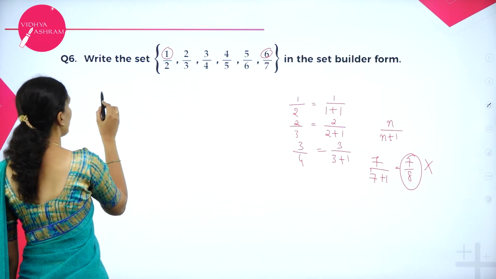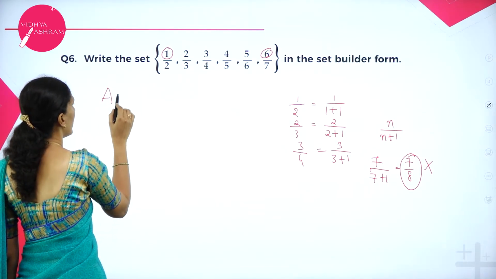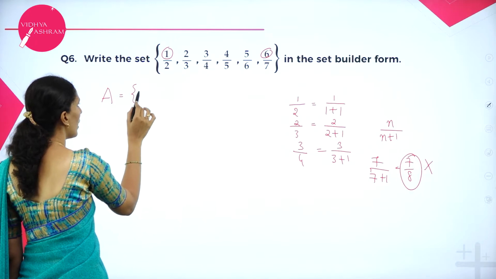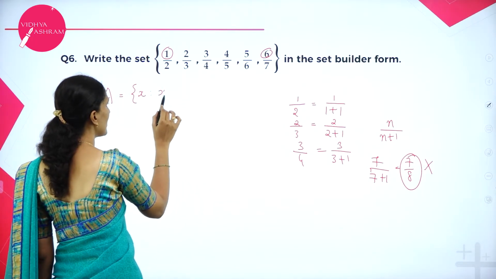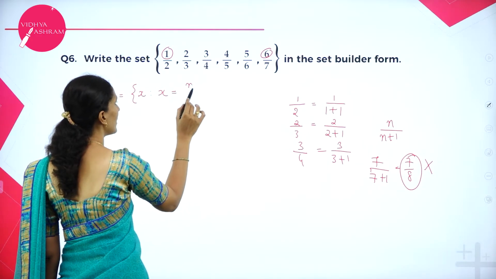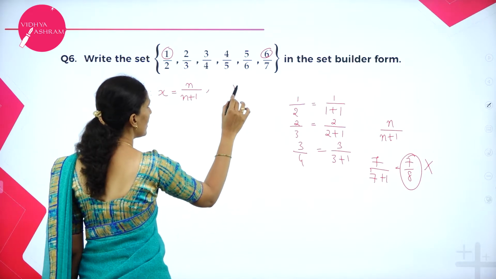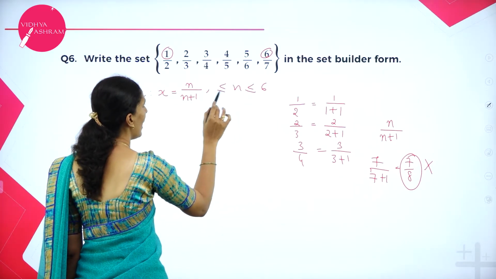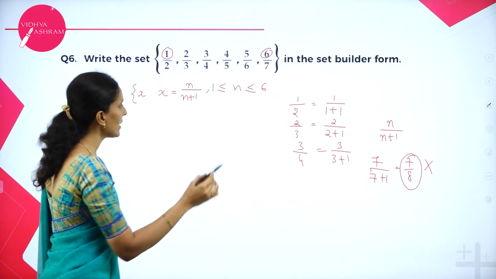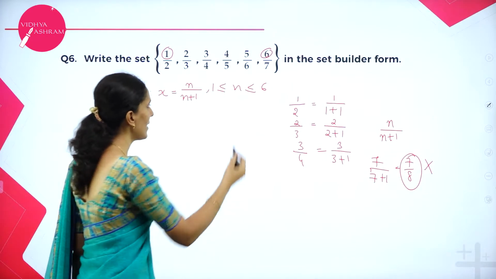So write the set A is equal to, x such that, what is the condition of x? x is in the form of n by n plus 1, where n lies between 1 and 6. I am using here less than or equal to. That means you should include 1 and 6.